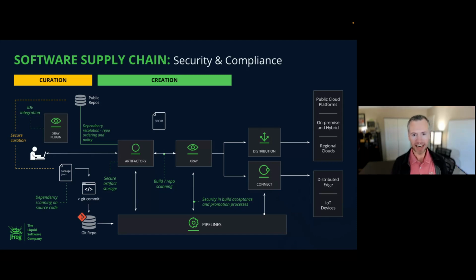The point is to integrate it with your pipelines at each step. So your builds are going into a secure repository. You're continually scanning for risks, as well as then pushing that out to your endpoints, whether those are IoT devices with capabilities like Connect, or distributing out to multiple sites.